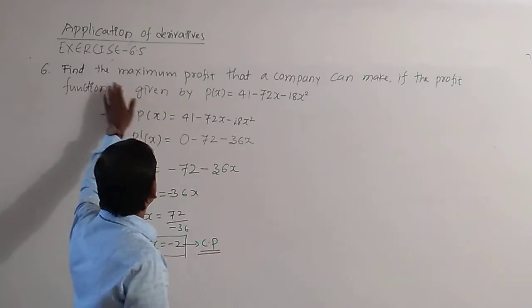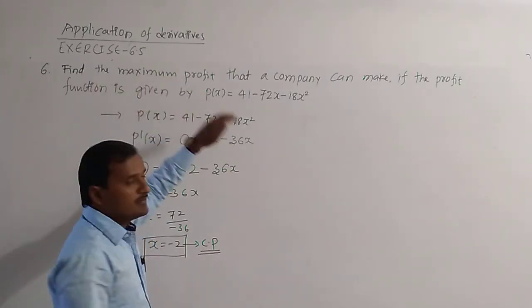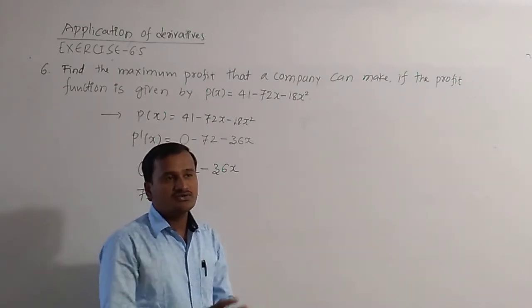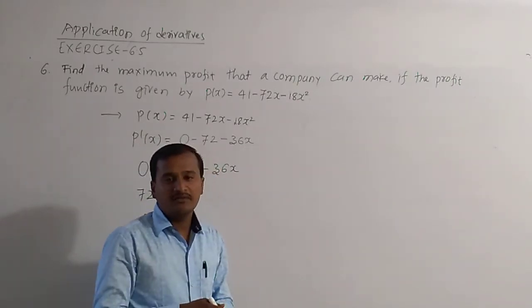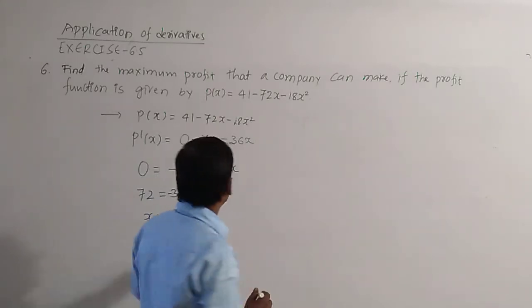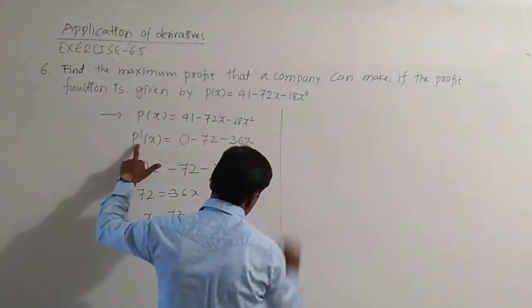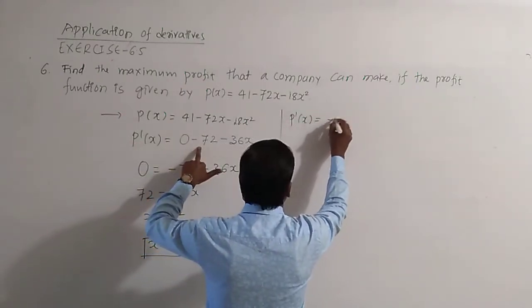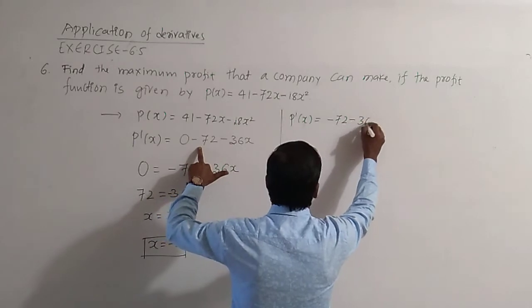Okay, now we should find the maximum profit. So to find the maximum profit, first we should check the second derivative test whether it is less than 0 or more than 0. So here p dash of x is equal to minus 72 minus 36x.